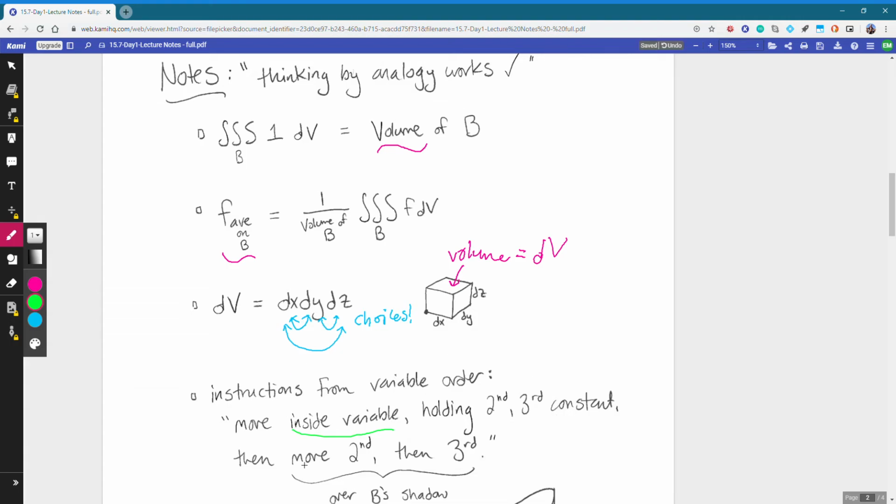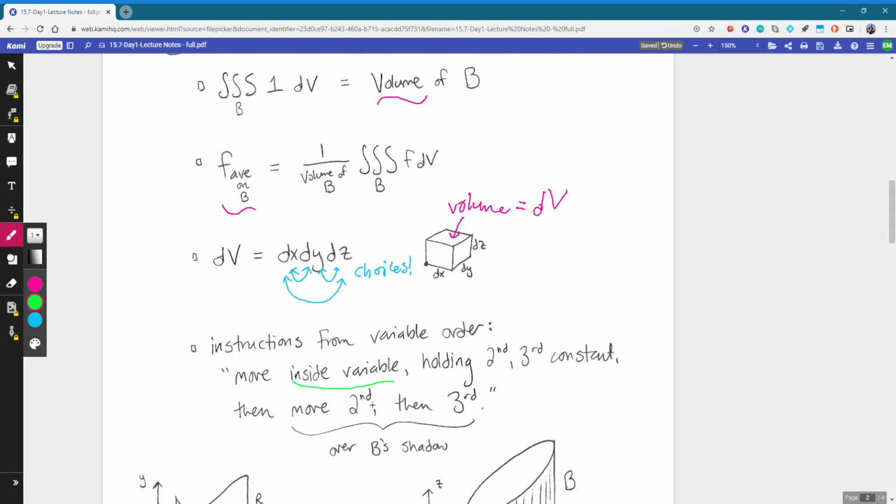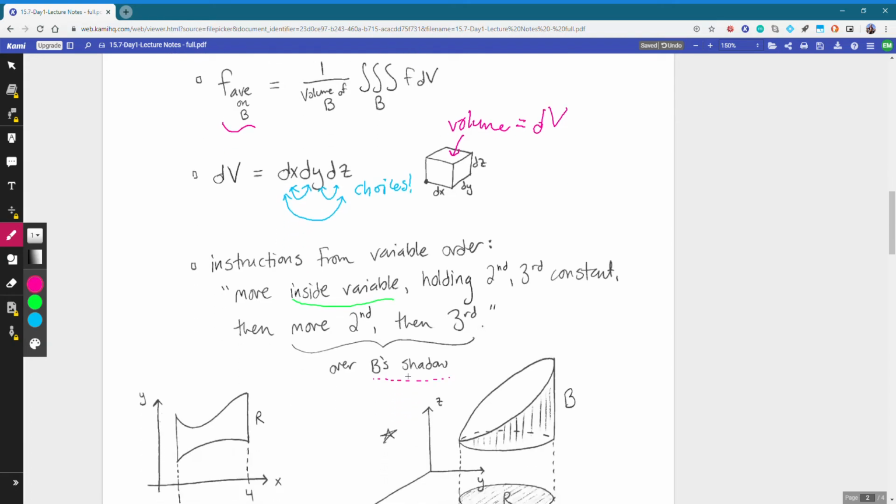Then work our way outward, move our second, holding the third constant, and then finally move our third. And this second and third movement happens over B's shadow. This might seem like new territory, but I claim that it's actually stuff we've seen before, at least by analogy. So let me try and convince you that this is all in nice analogy with what we've seen before.